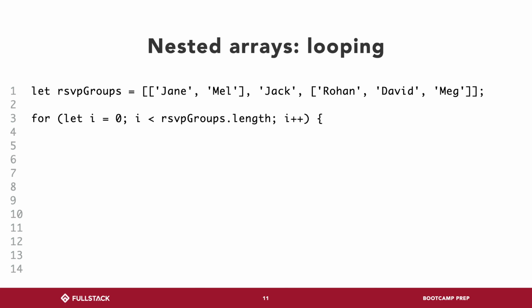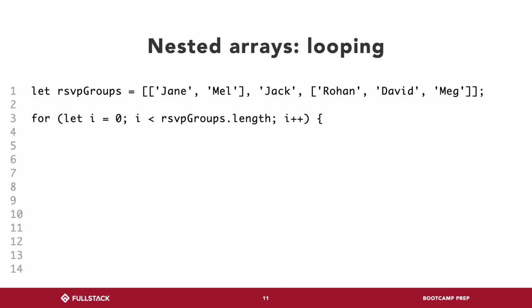Why are there 3 things? Because the first thing at index 0 is 1 array. The second thing at index 1 is 1 string. And the third thing at index 2 is another array. It doesn't matter that these have different lengths, they're still 1 array, so the length of rsvpGroups is still 3.